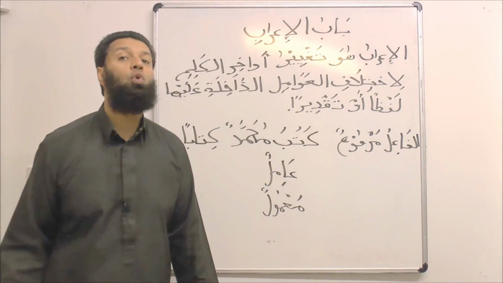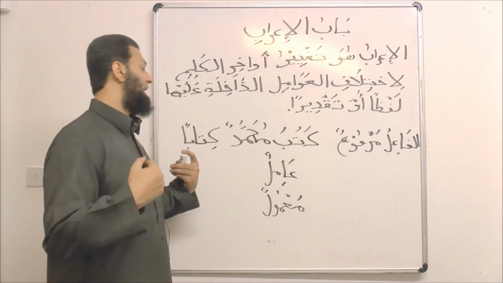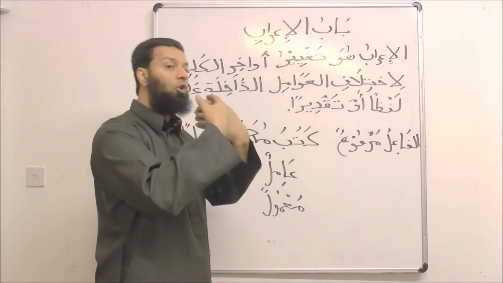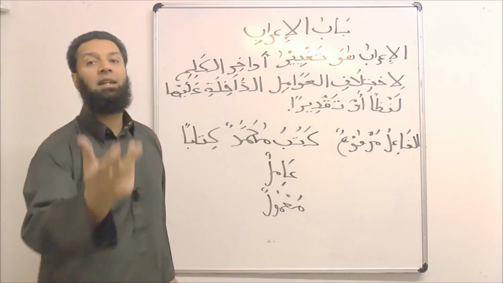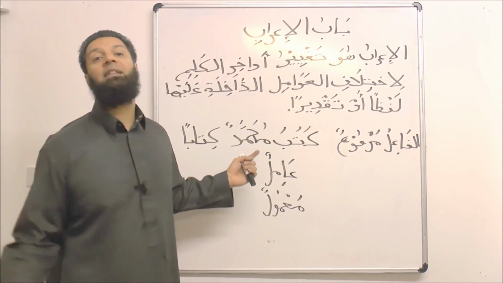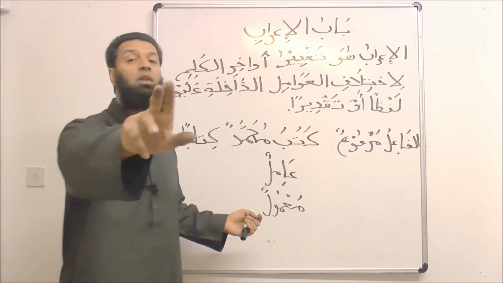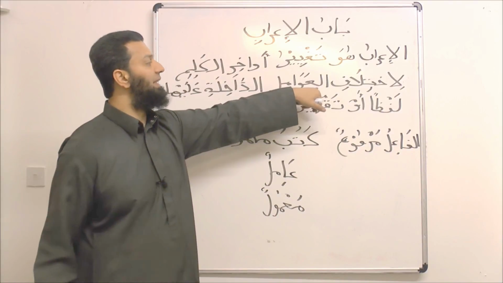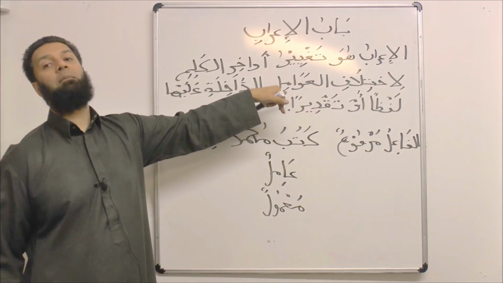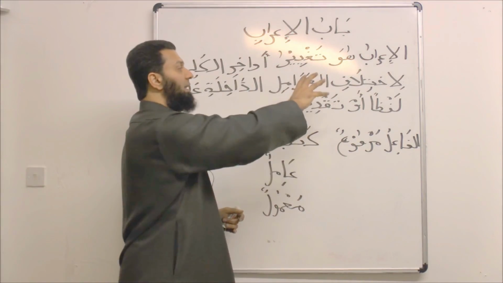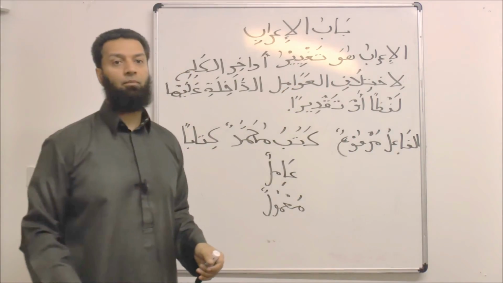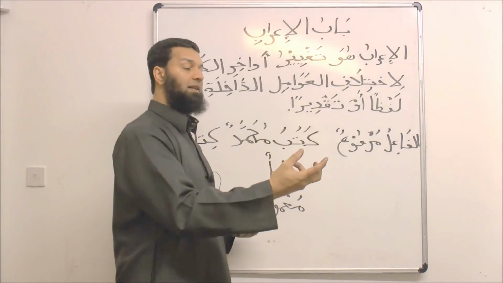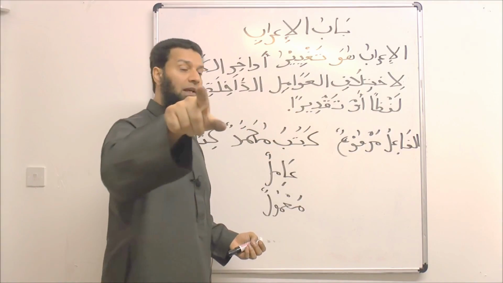What is the ma'mulun? What is the word that has been caused to assume a particular state? Which word is it? It's Muhammadun, right? We need to understand these 2 points. Because here Ibn al-Ajrum said لِاخْتِلَافِ الْعَوَامِلِ, because of the different al-awamil, the different actors that cause a word to change.